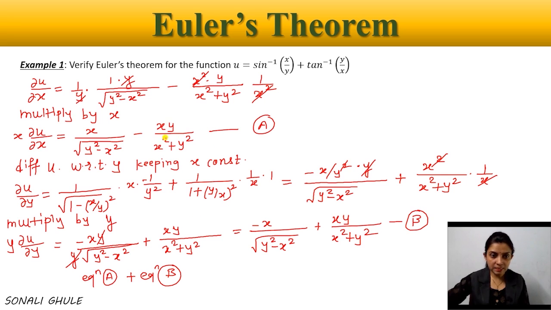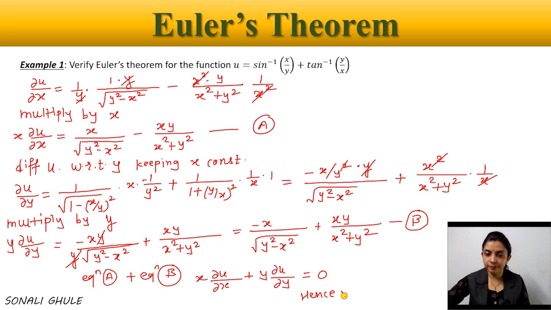And this term and this term are also the same but have opposite signs, so they are also going to cancel. So when I do the addition, what I get is x into dou u by dou x plus y into dou u by dou y is equal to 0, and hence verified.